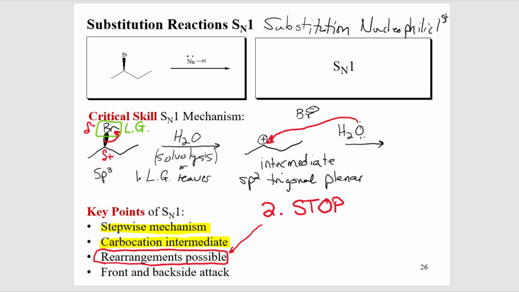So we could get, I'll write it down here. We could get attack from the front, or attack from the back. So the water substitutes out for the bromine ultimately when you stand back and look at the whole reaction. And we've just highlighted this front or backside attack due to the flat nature of the carbocation.